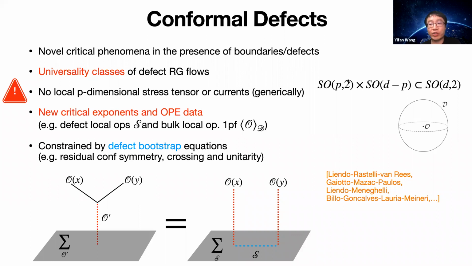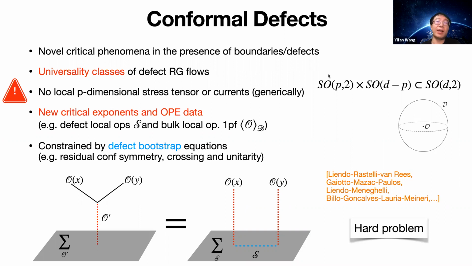These defects capture some novel critical phenomena of lower dimension of the CFT in the presence of, say, defects and boundaries. And similar to the case of usual CFTs, they correspond to a universality class of defect RG flows.